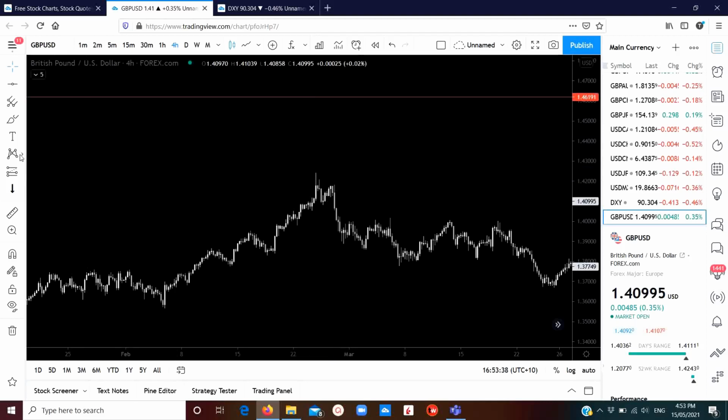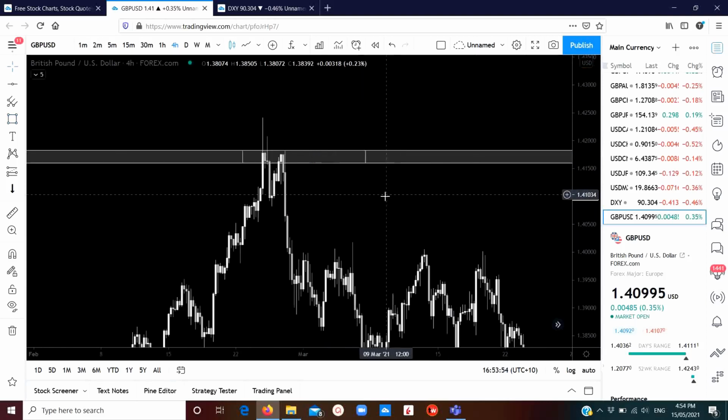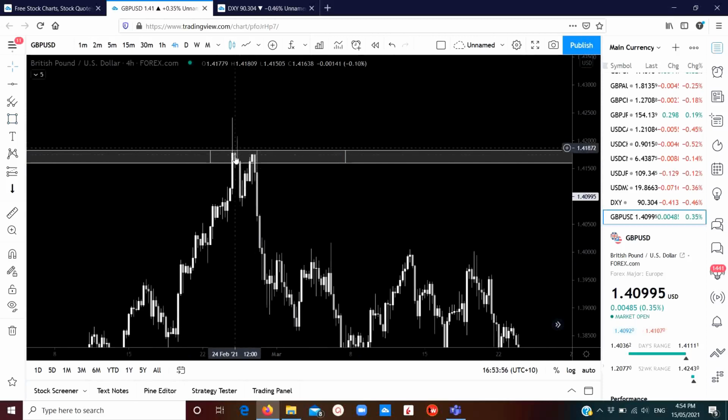So for instance, let me bring it up. I will mark it from these candle bodies, and I might do something like this, just slightly above. This is a high time frame range.